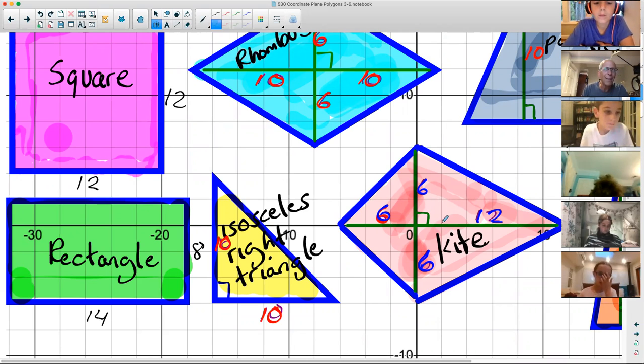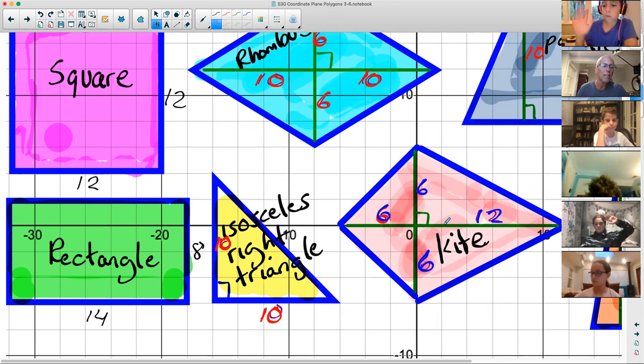Now, a kite, I don't know if it was named this because of the toy kite, or if the toy kite was named after the shape. Does anybody have an idea which came first? I do not know. Tessa?